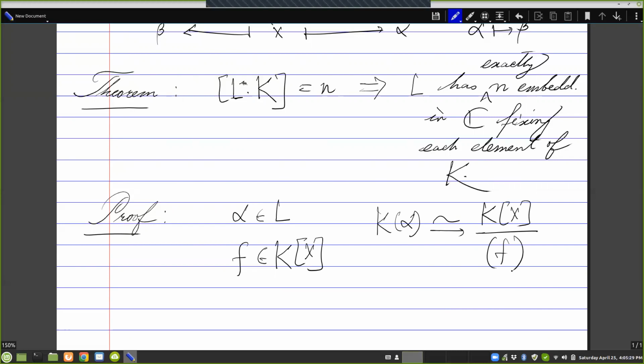All right, fine. Now suppose sigma is an embedding of L into C. K is a subfield of L, so let sigma K denote the image of K under the embedding sigma, which is also a subfield of C. So K and sigma K are by definition isomorphic.